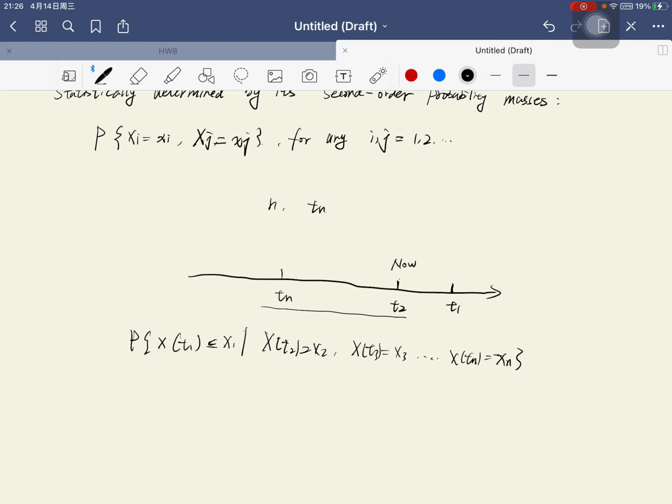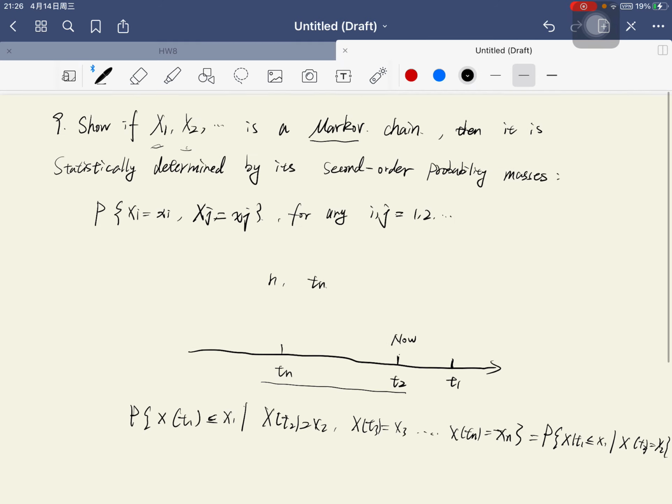And this is equal because of the Markov process property. It is equal to the probability of X(t1) smaller or equal to x1 under the condition of X(t2) equals x2.